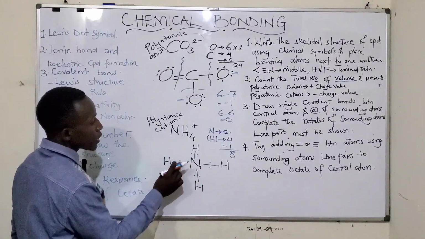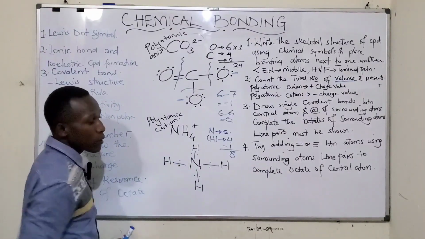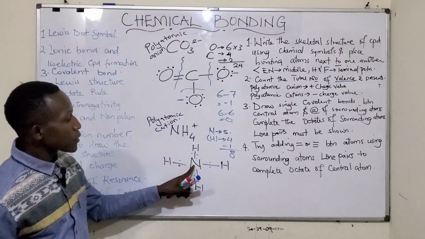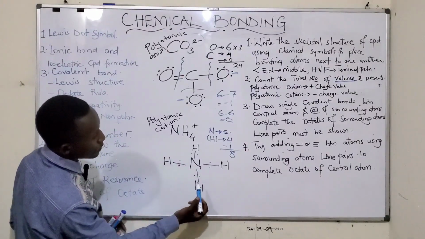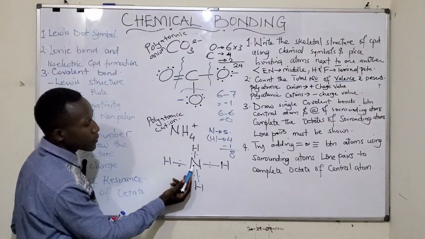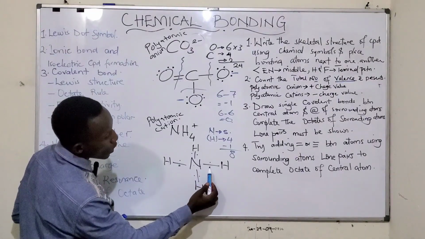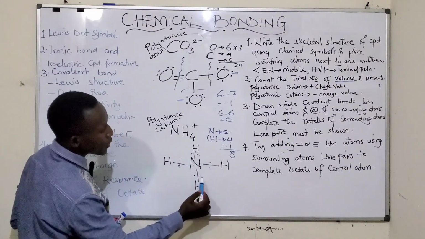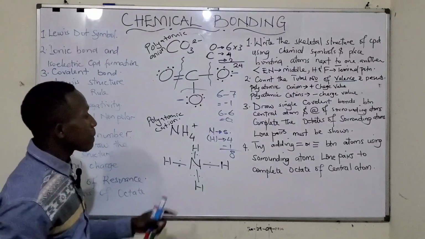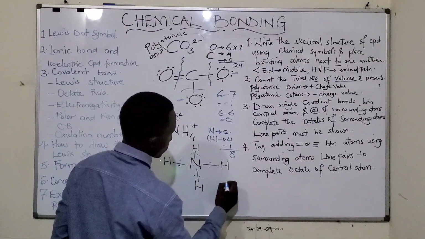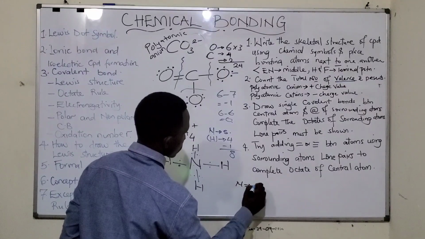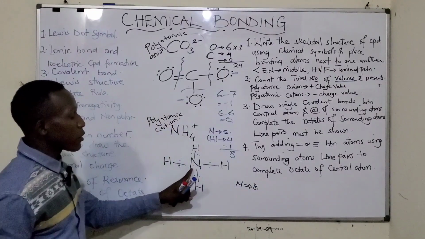So each hydrogen is stable. But nitrogen, is it stable? Nitrogen, it's having 1, 2, 3, 4, 5, 6, 7, 8. So it's surrounded by 8 electrons, which is also stable now.